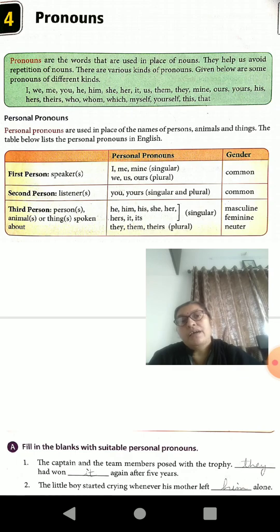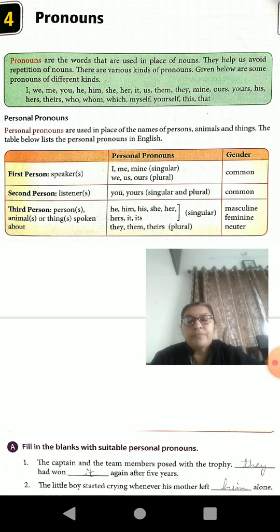So children, first person I, its plural we, second person you, plural you, third person he, she, it as a singular, its plural they. And as per this table you have to learn these personal pronouns gender wise.